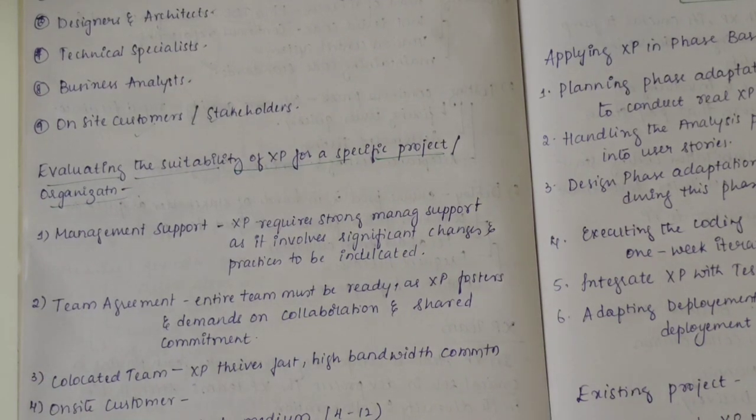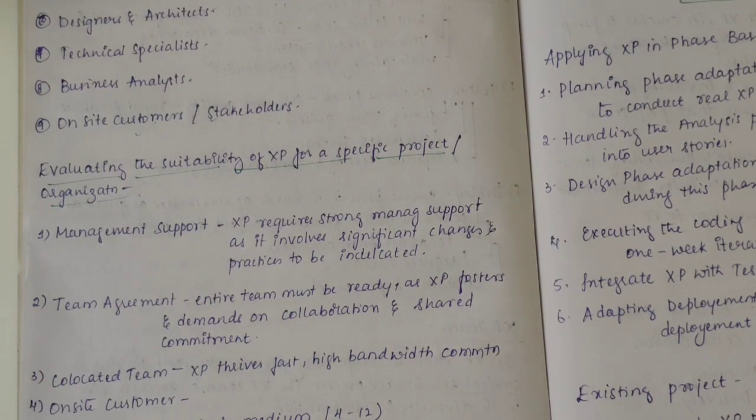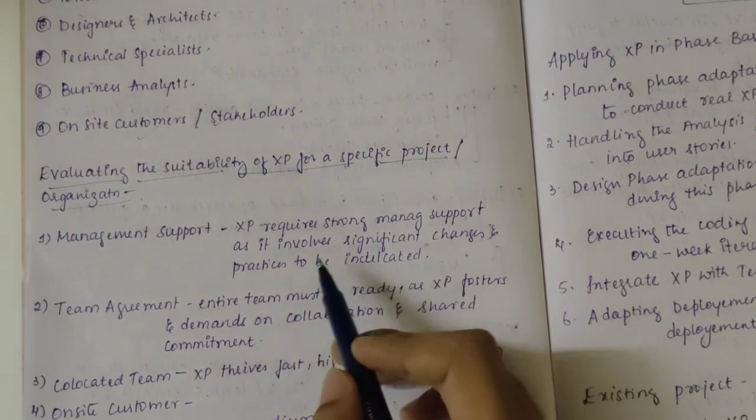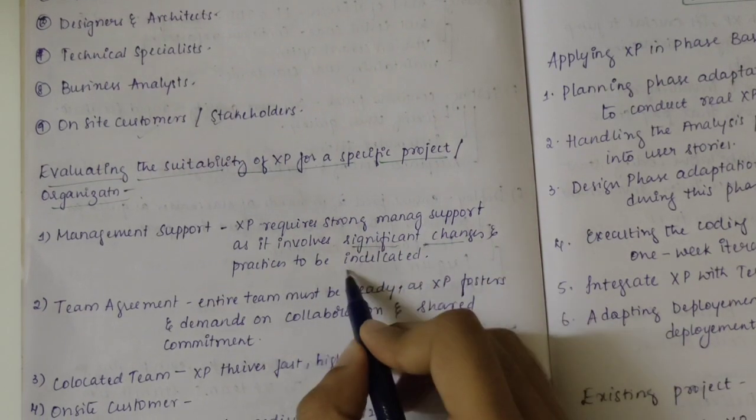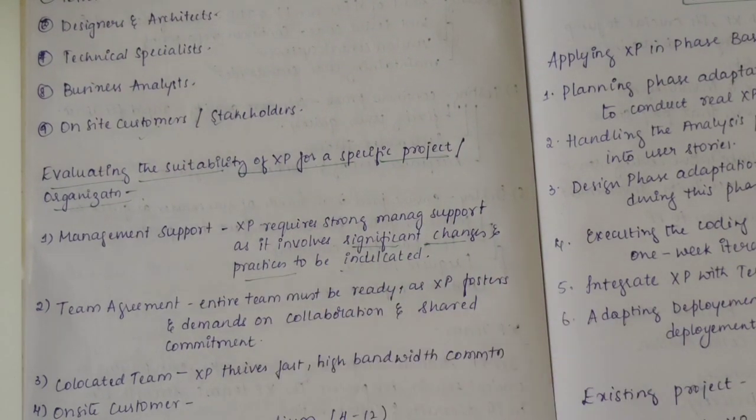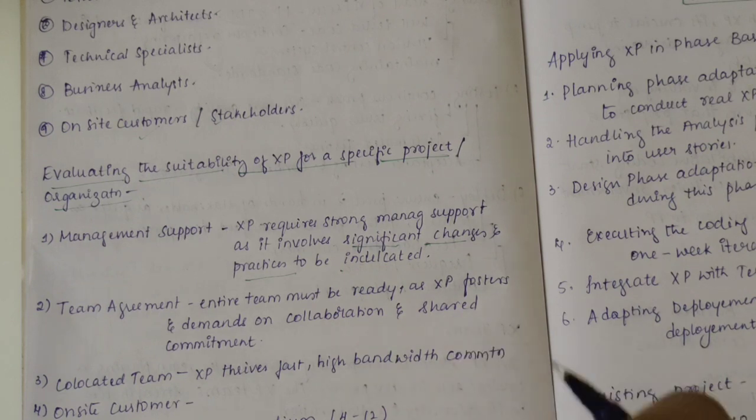Firstly, we have the management support. In order to complete a particular project, management support is pretty necessary, right? XP requires strong management support as it involves significant changes and practices to be inculcated. Suppose I am an employee in a particular company, and I feel that if we inculcate XP in our team, we can work better.